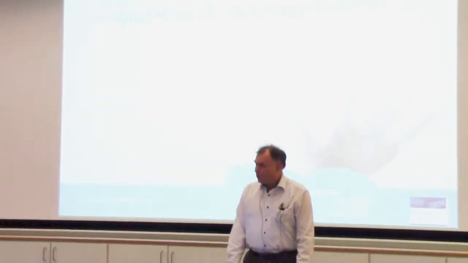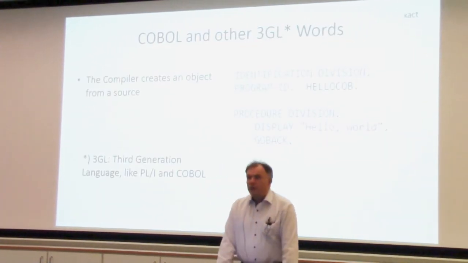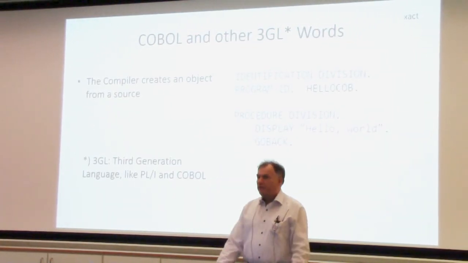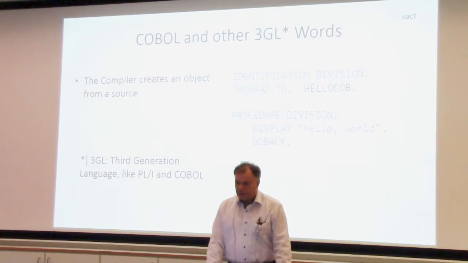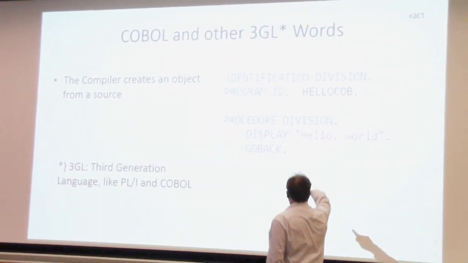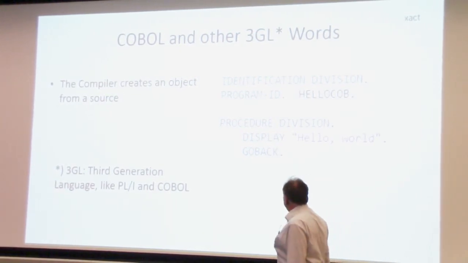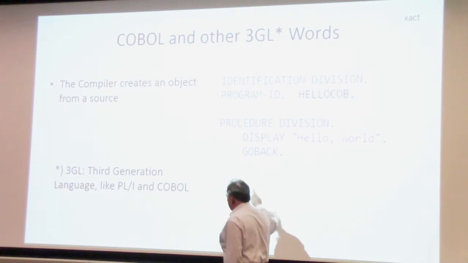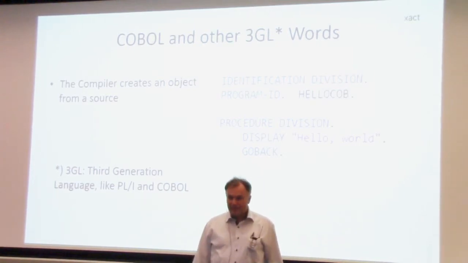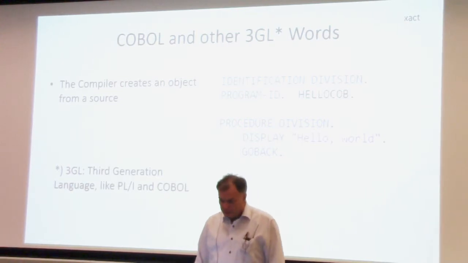So, what kind of language is Java? I like to compare it to COBOL. If you take a COBOL program, and this is probably as small as a COBOL program you can get, it displays hello world and ends. So, what we do is we have a compiler, we create an object.